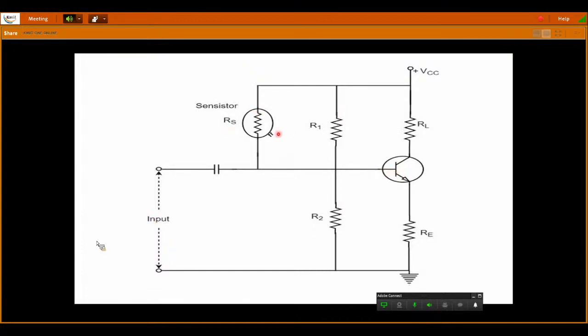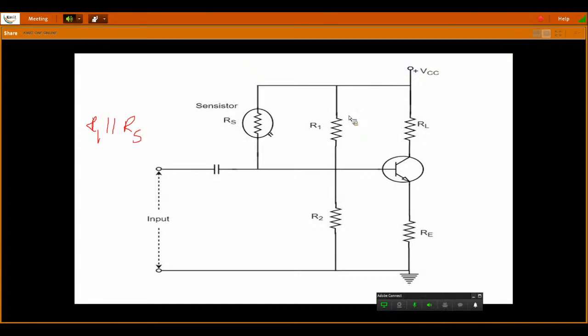Now the parallel combination of the sensor and your R1 will act as a resistor, which let me call RS, in parallel. So the resistance connected from VCC to the base is equal to R1 in parallel with RS. If temperature increases, the resistance of this resistor increases, hence the parallel resistance becomes more.